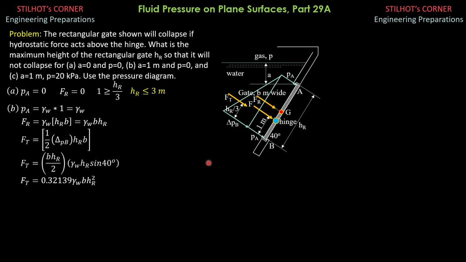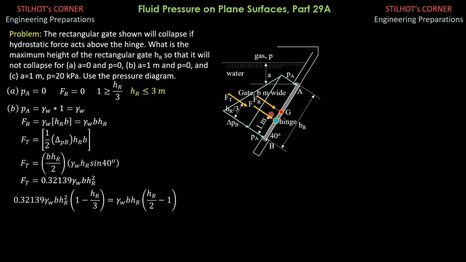So taking moments about the hinge equals 0, or simply equating moment of Ft with the moment of Fr, Ft times quantity 1 minus HR over 3 is equal to F rectangle, gamma of water BHR. This is F of rectangle, then quantity moment arm HR over 2, distance from G to B, HR over 2 minus 1.